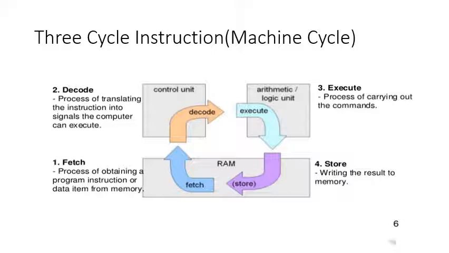By means of decoding, it translates the instruction into the signal that the computer can execute. After decoding, it becomes a signal known to the computer, so it is going to execute it easily. After execution, it is going to store. This is what the 3-cycle instruction is, or else we can call it a machine cycle.